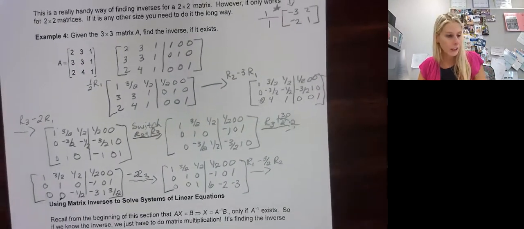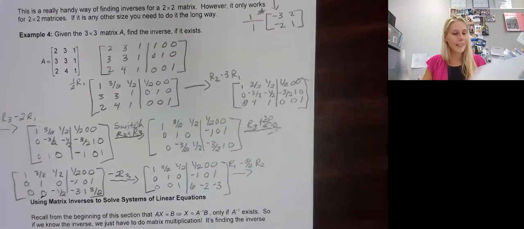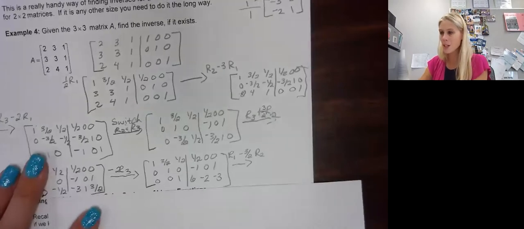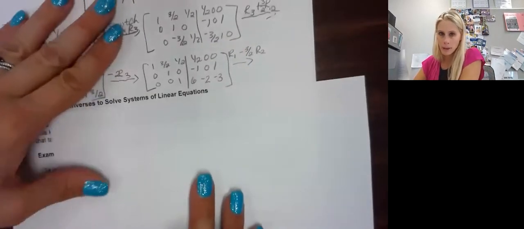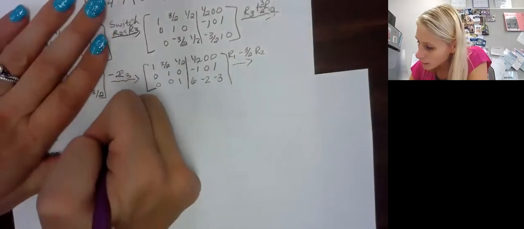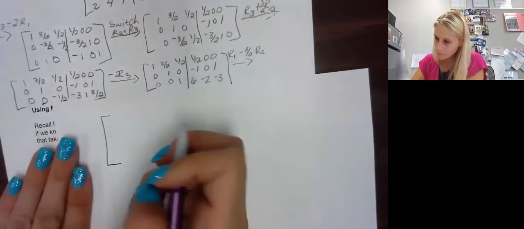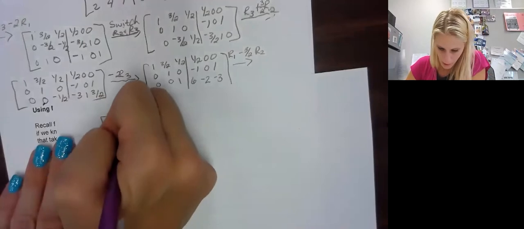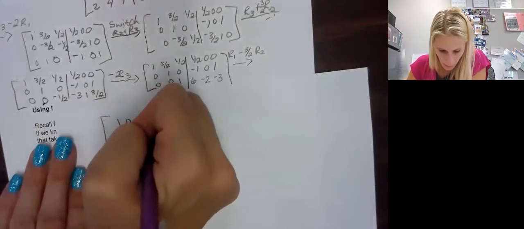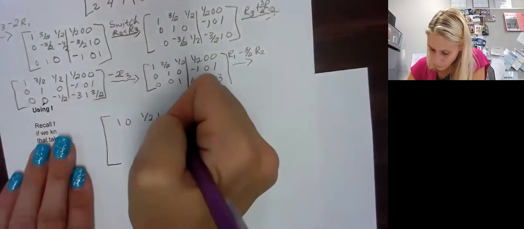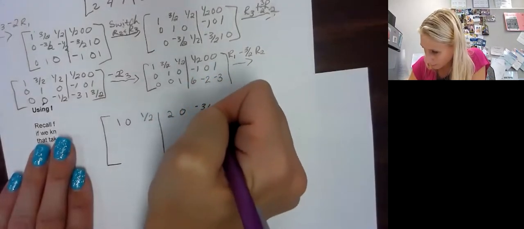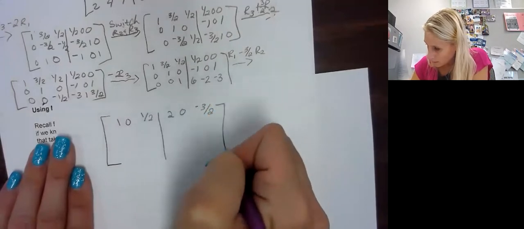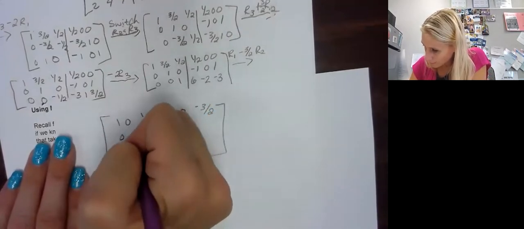So what I'm actually going to do is go on to another sheet of paper and continue my matrix here. So when I do that, I get 1, 0, 1/2, 2, 0, negative 3/2. All of this stays the same.